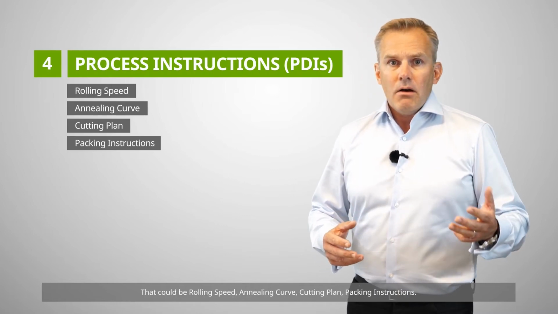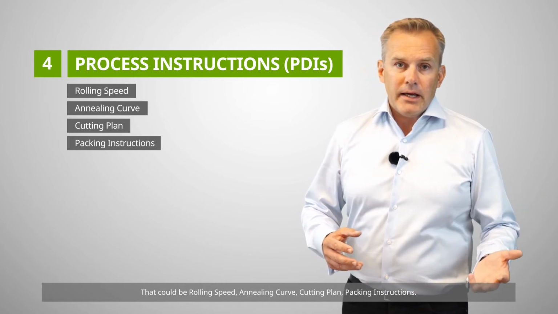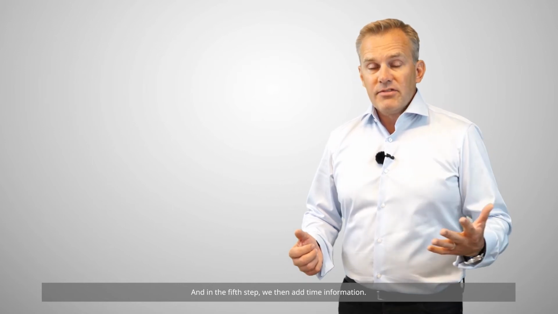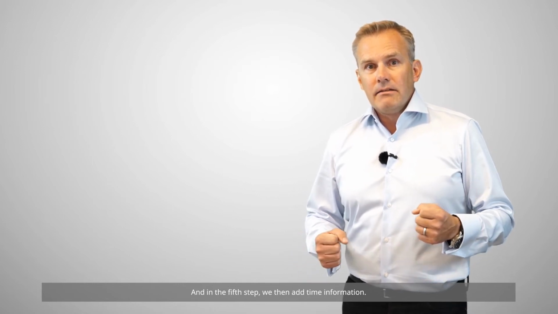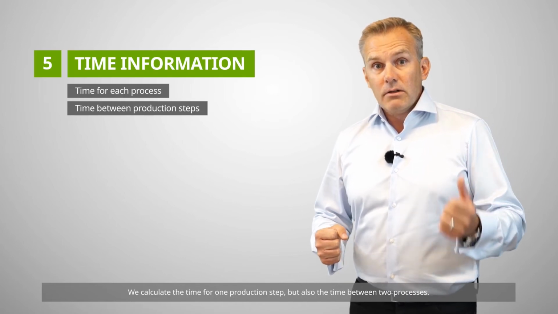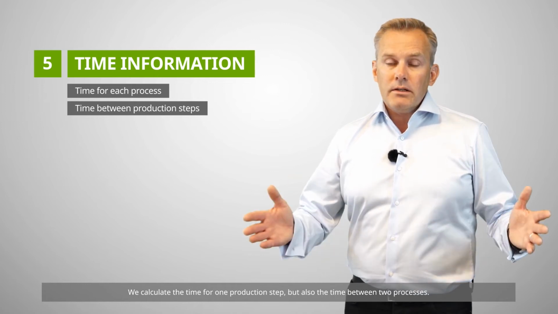That could be rolling speeds, annealing curve, cutting plan, packing instructions. And in the fifth step, we then add time information. We calculate the time for one production step, but also the time between two processes.